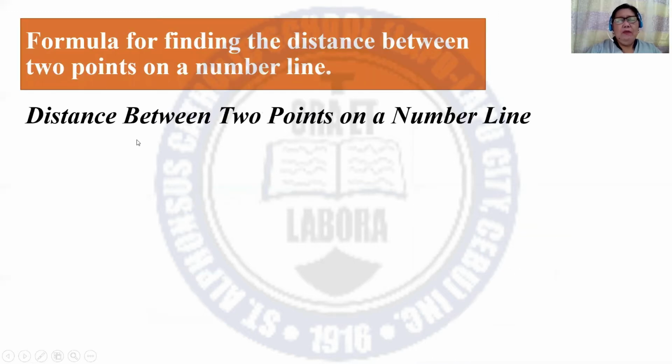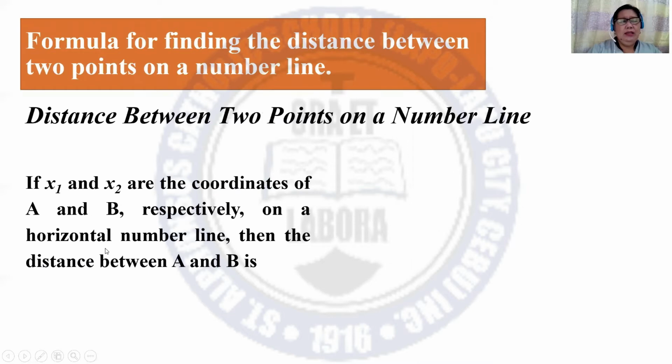Next, the formula for finding the distance between 2 points on a number line. If x sub 1 and x sub 2 are the coordinates of A and B, respectively, on the horizontal number line given in the previous slide, then the distance between A and B, denoted by segment AB, is equivalent to the absolute value of x sub 2 minus x sub 1.